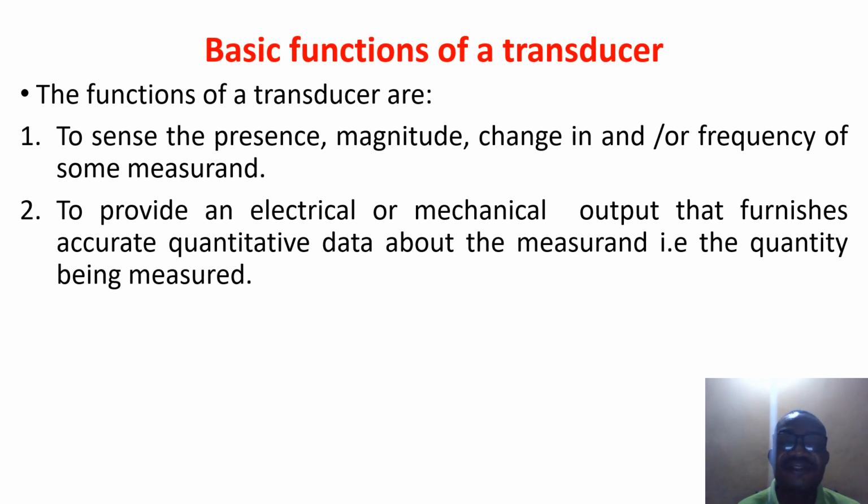That is the second function of a transducer. Let me summarize it again. The first function is to sense the presence of the physical quantity that you want to measure, while the second function is to convert that physical quantity that it has detected into an electrical signal.